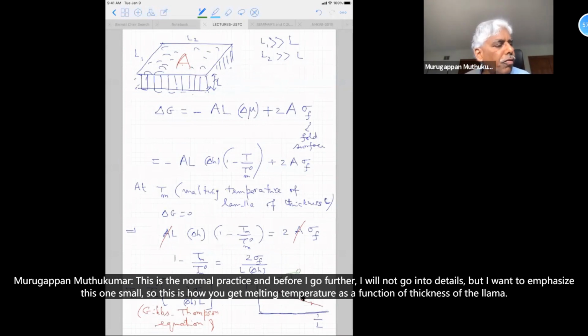Now, before I go further, I will not go into details, but I want to emphasize this once more. This is how you get the melting temperature as a function of the thickness of the lamella.